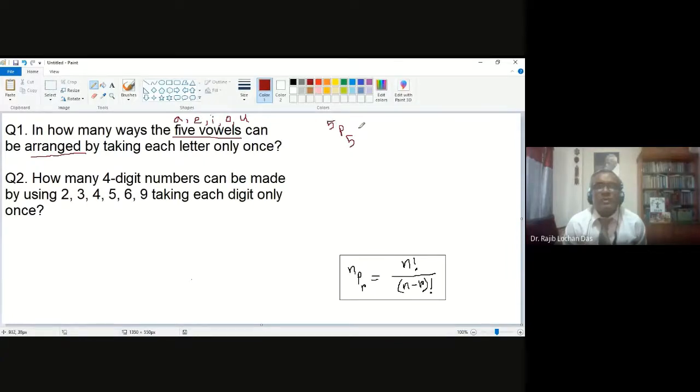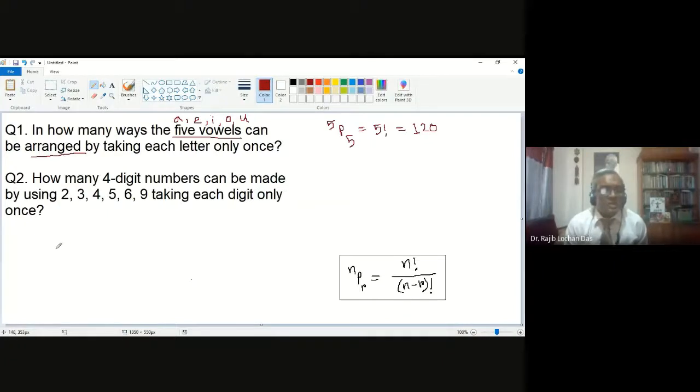So 5P5 means 5, 4, 3, 2, 1, everything. So it is actually factorial 5. So factorial 5 will be what? 120. So this is the first answer.